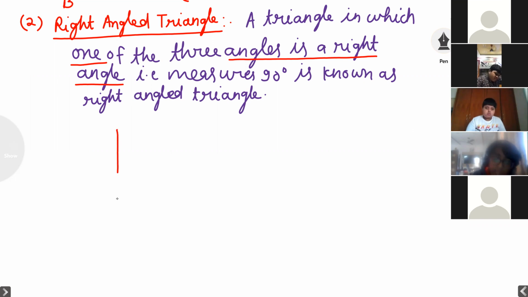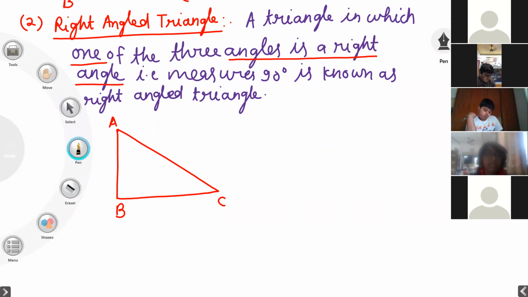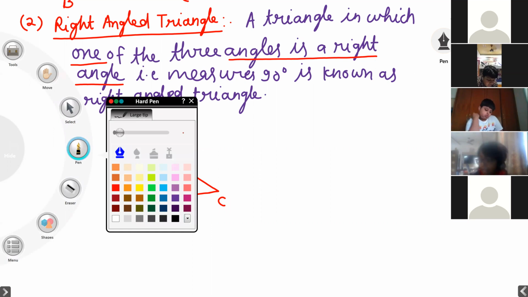Observe this figure. If this is ABC triangle, you are observing, students, here angle B is 90° angle, straight angle, vertically.